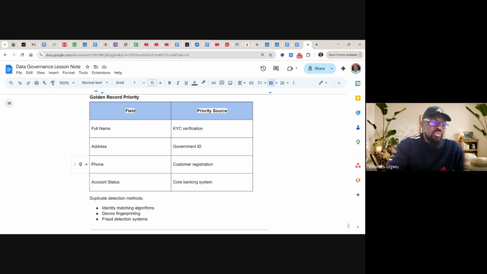For duplicate detection, they have identity matching applications these days, algorithms. This identity software is very powerful. It's something that is trending these days, a very good business.